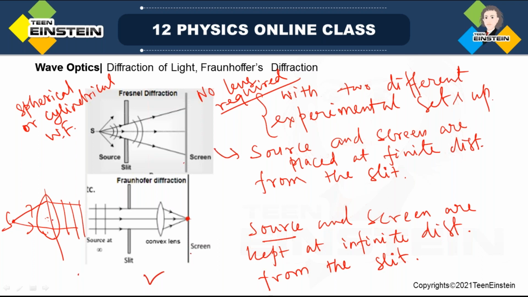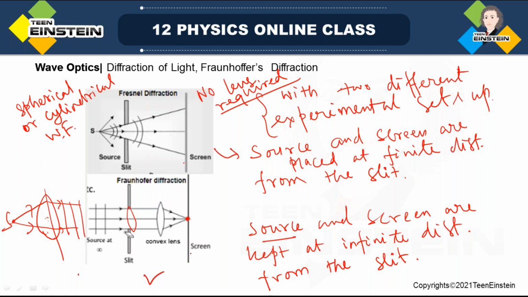To get plane wavefronts you have to use a converging lens, and the source has to be kept at the focus of the converging lens, such that after refraction the light rays will be parallel to the principal axis of the lens. Then you will be able to get parallel wavefronts which will be illuminating this slit. So this is what Fraunhofer diffraction is.